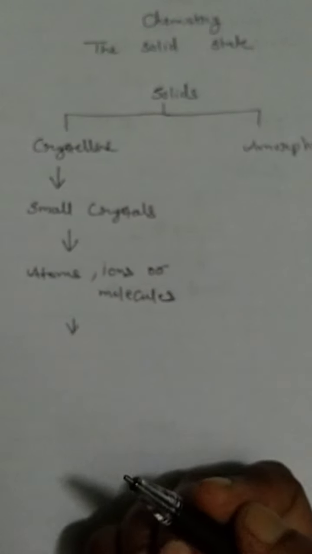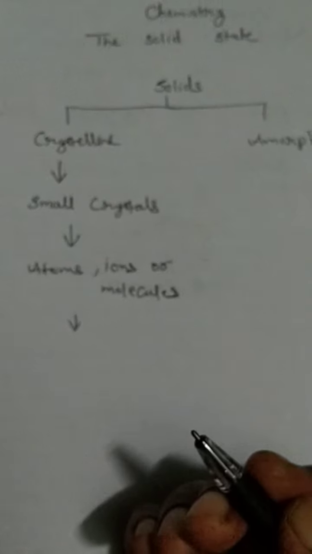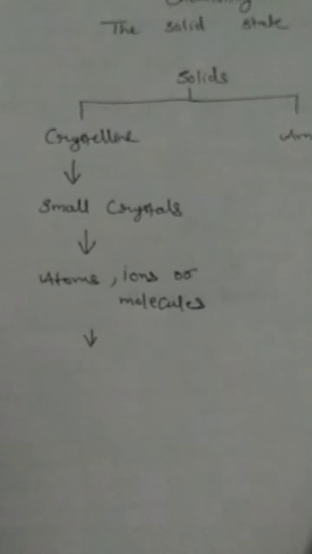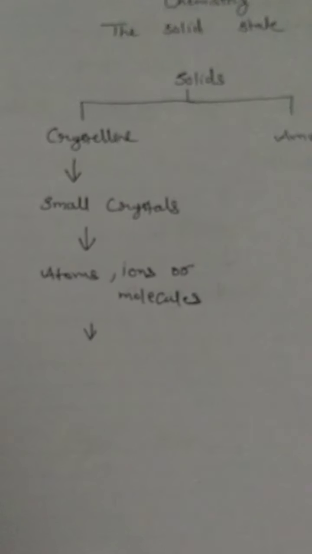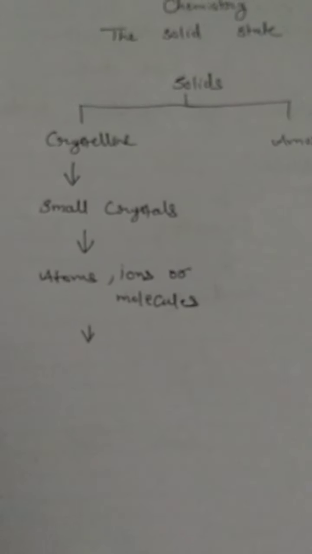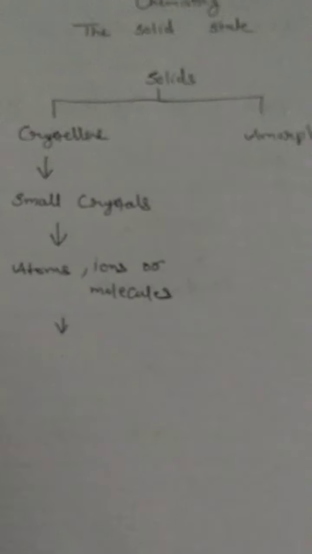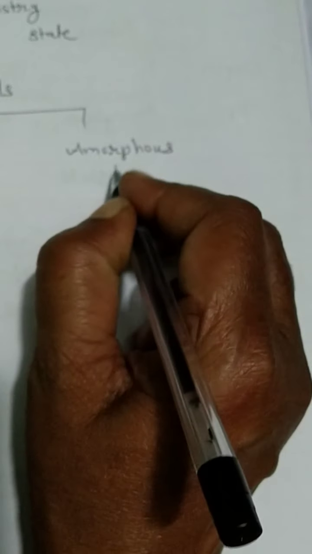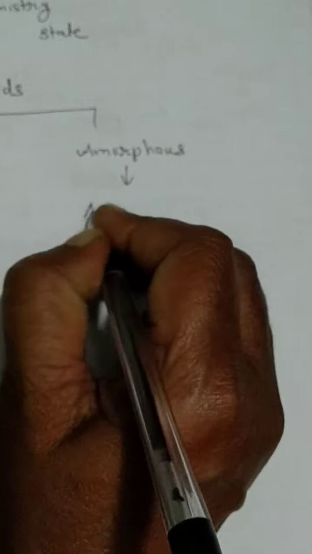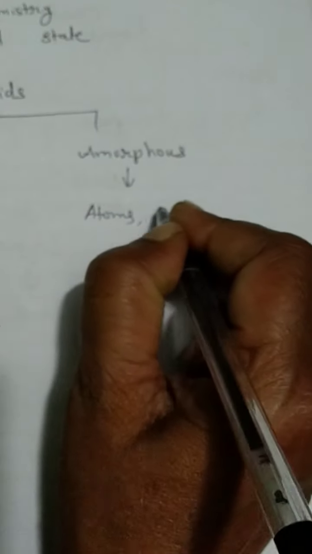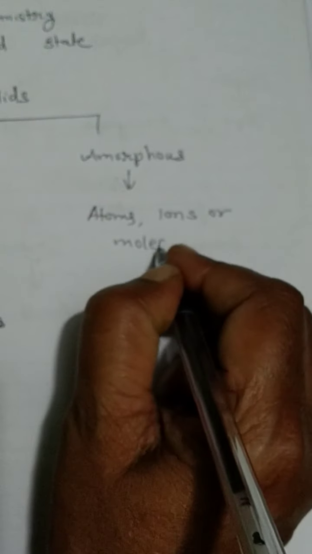For example, you can see a sugar particle. Have you seen that? Sugar particle is cubical in nature, right? So it is in the form of a cube. So that's a geometrical shape. But in an amorphous solid, in this solid also atoms, ions or molecules are present.